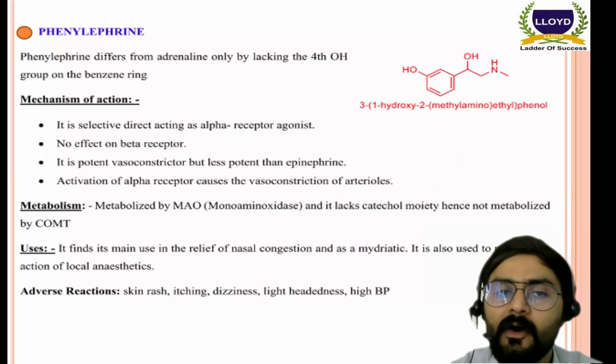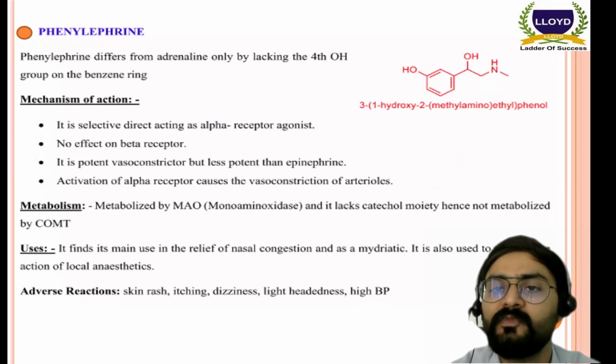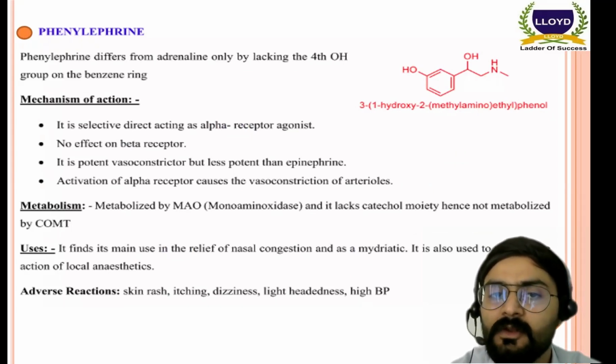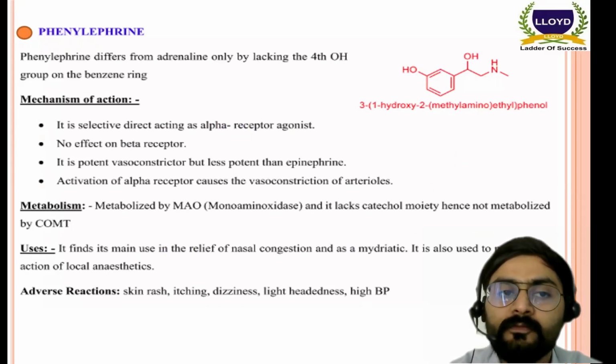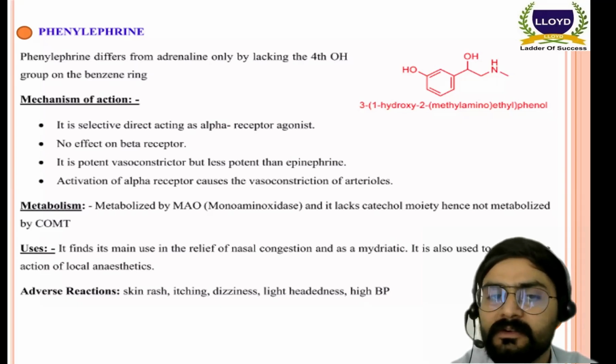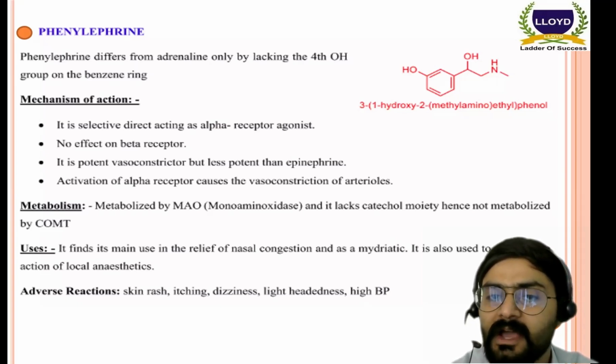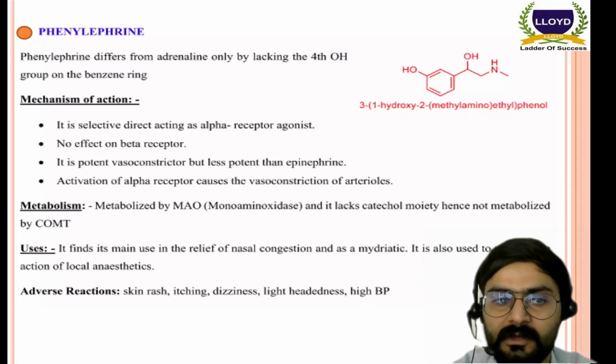The mechanism of action is that phenylephrine is a selective, direct acting alpha receptor agonist, has no effect on beta receptors, and works as a potent vasoconstrictor but less potent than epinephrine.